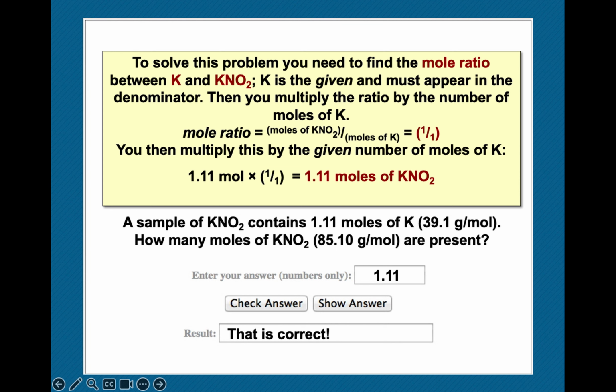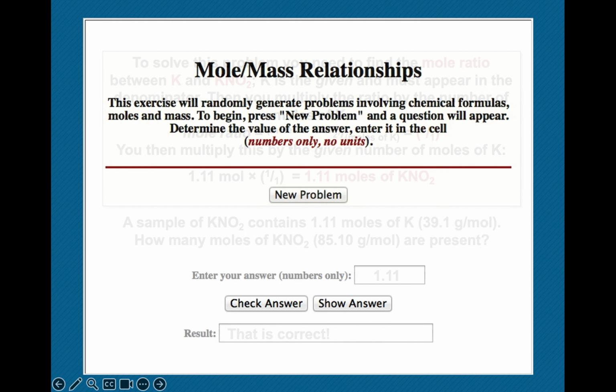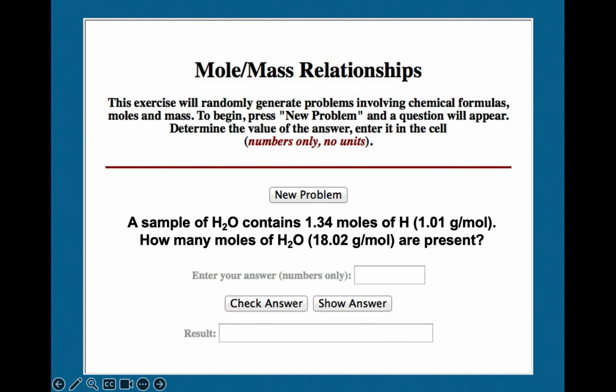Let's do one with a non-1 ratio. This is water. It contains 1.34 moles of hydrogen. How many moles of water do we have? Once again, our given is moles of hydrogen, so that has to be in our denominator.